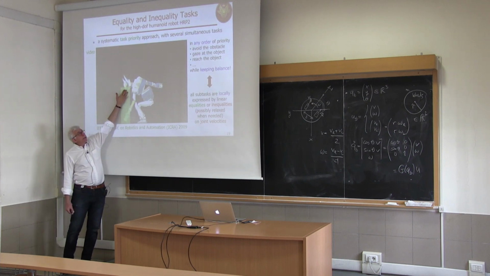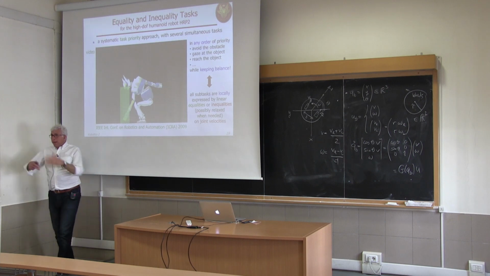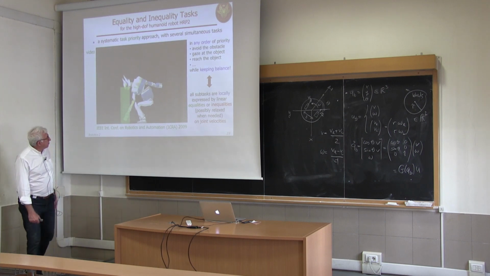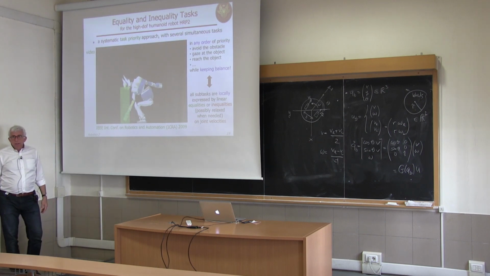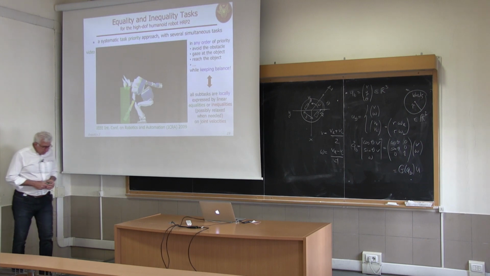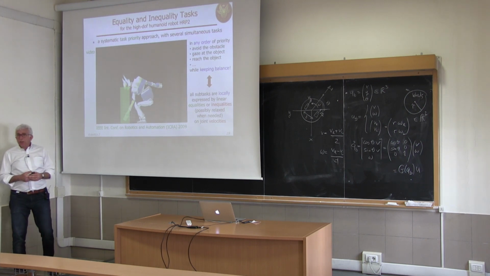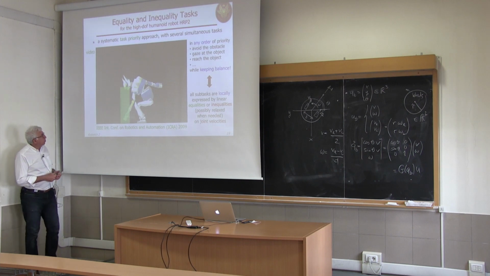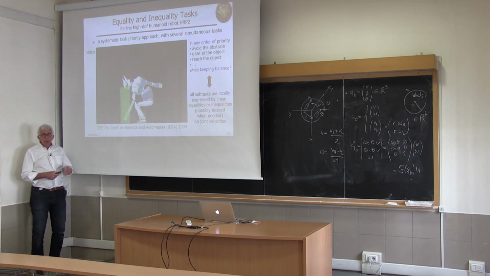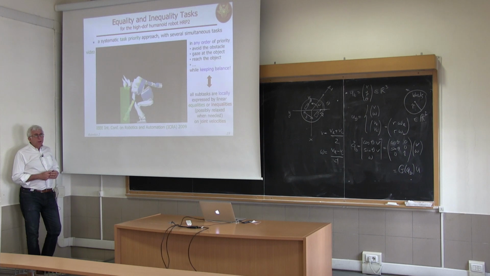And you may or may not look at the object, depending on the priority that you give to this additional task. So I think that this is sufficient to understand that this is a very rich subject. In fact, it's a very active area of research and of finding solutions for more and more complex problems, no matter if humanoids or manipulators with enough degrees of freedom to be redundant for the tasks.